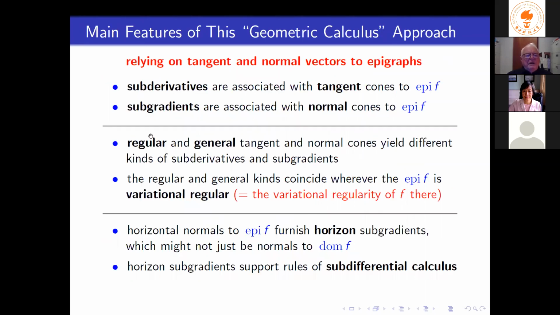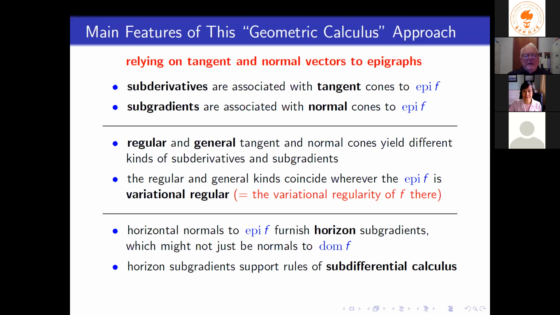All right, now here are the main features we're going to encounter. We're going to have subderivatives and subgradients. The subderivatives will be associated with tangent cones to the epigraph, and subgradients are associated to normal cones to the epigraph. And then, as in the variational geometry, there were two kinds of tangents and two kinds of normals.